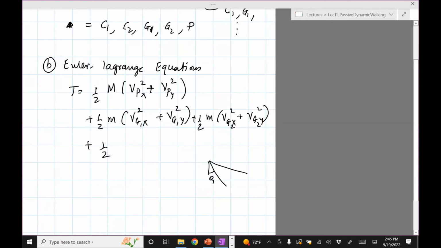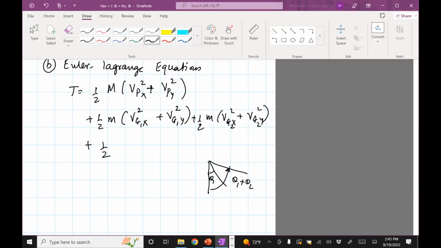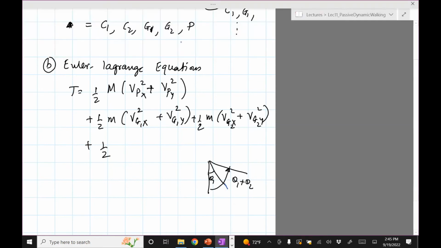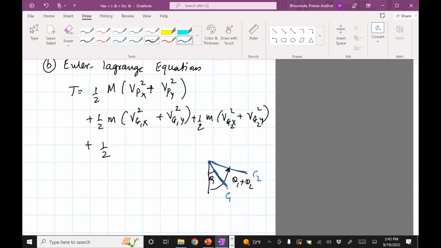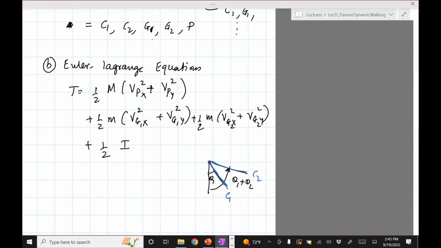This angle is θ1. This angle is θ1 plus θ2, where this is C1, this is C2. So this is a leg. The energy for the first leg is going to be θ1 dot squared, because the angle made by that leg with the vertical is θ1, so the rate of change of the absolute angle is the velocity.